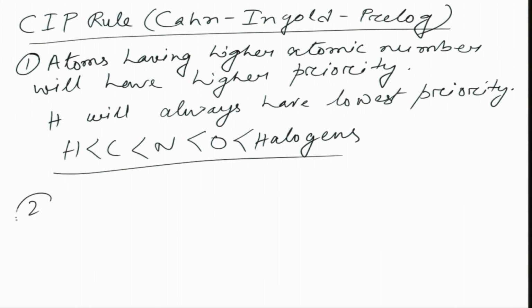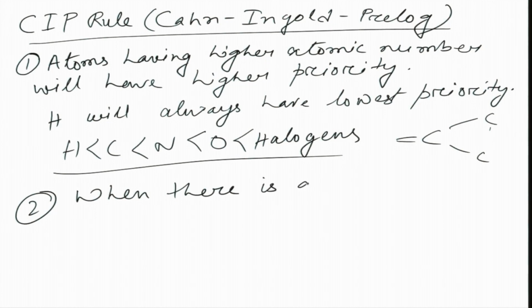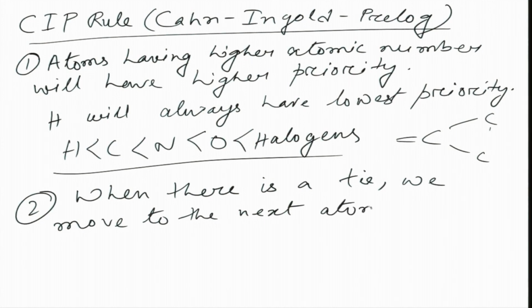So, the second rule of the CIP rule is that, for example, when we are assigning the priorities, one carbon is bonded to two carbons again. So, this will be a tie. When there is a tie, we move to the next atom.